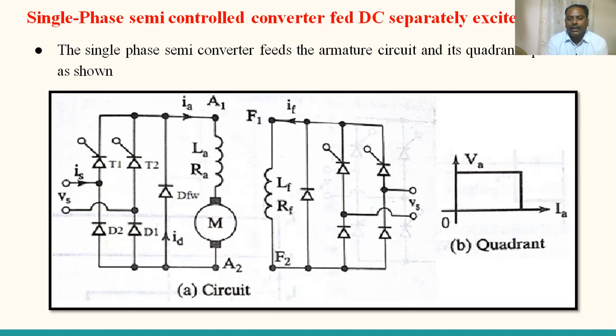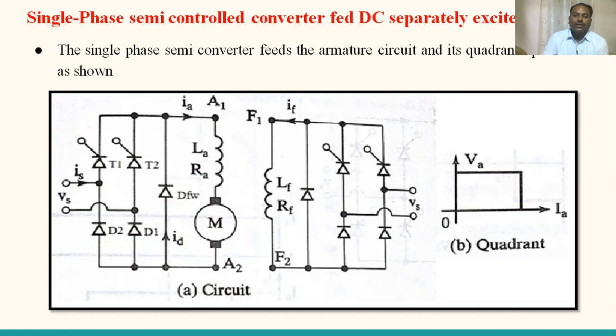Clear? And the field is also excited by a controlled converter. When field control is required, the controlled converter is used. Otherwise, you can directly give the field supply. So if field control is essential, you can go for the field converter. Otherwise, there is no need of field control. You can directly connect to the supply so that only a single field current will be available to the circuit.